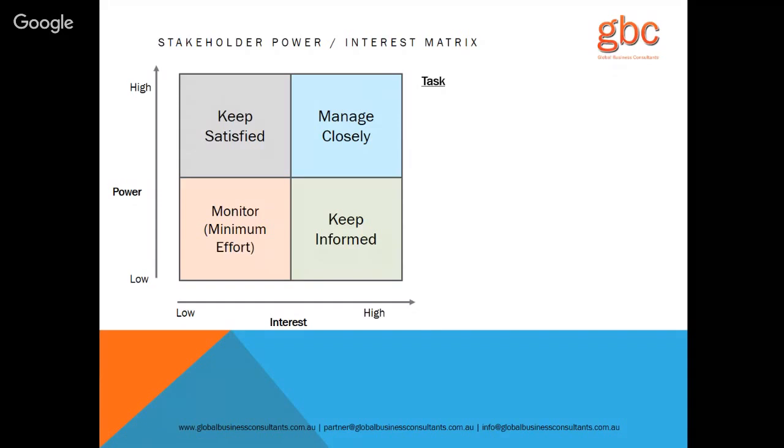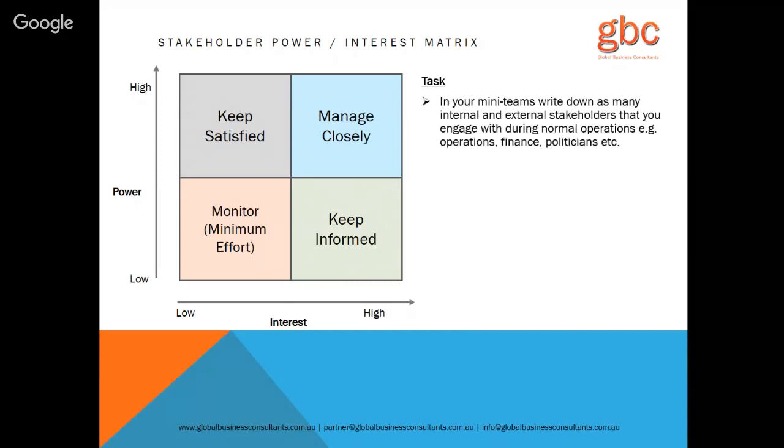But collectively as a team, that finance department could be moved to perhaps a keep informed, because their interest might be high. They're very interested in where you're spending the company money, but their power to influence you in the business might be pretty low. So that means you can keep them informed, and that may simply mean copying them into the odd email or sending them a monthly update on where the functional unit is at.